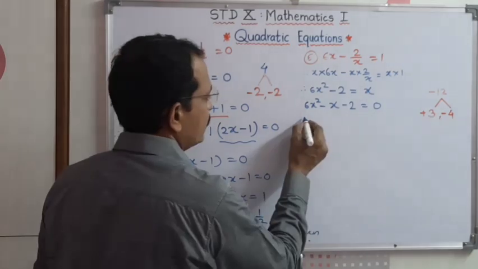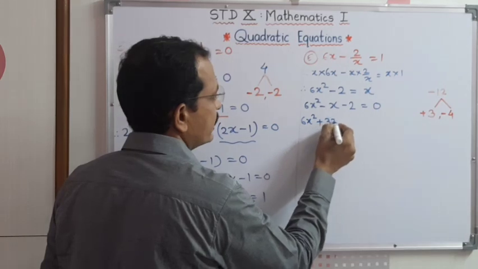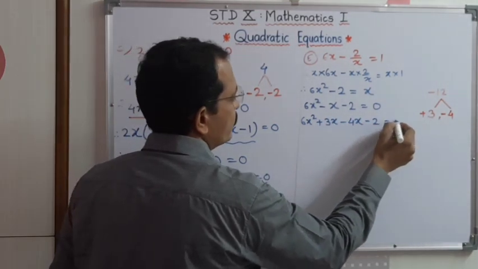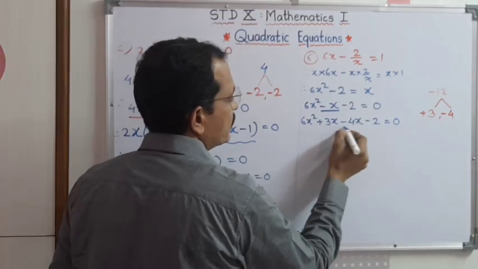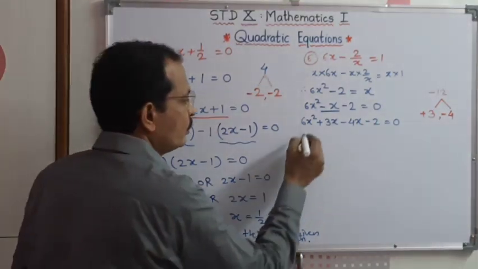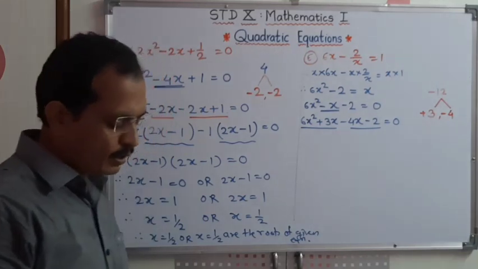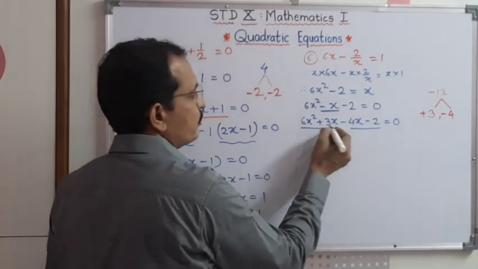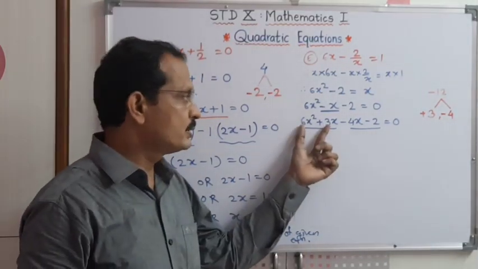Now we have to write here 6x square plus 3x minus 4x minus 2 equal to 0. Instead of this minus x, we write plus 3x minus 4x. Now make the group of these two and take out the common factors. 6x square plus 3x, which is the smaller number? 3.